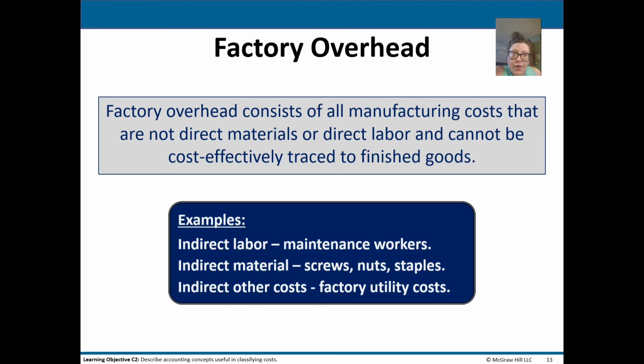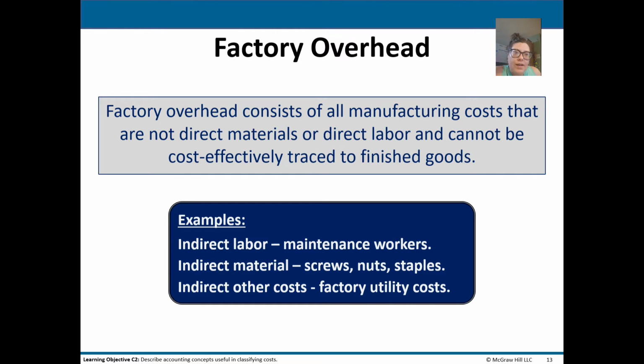Then there are indirect other costs, which would be things like your utilities, like water, gas, electricity, even your factory rent and depreciation. Those would fall under factory overhead, indirect other costs. So the product costs are categorized into either a prime cost or a conversion cost.